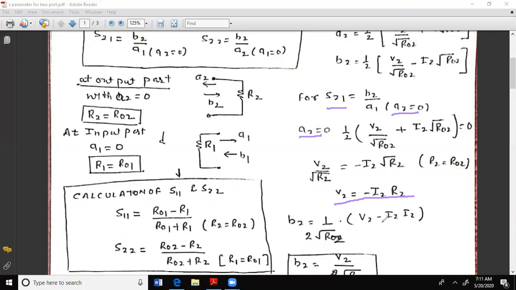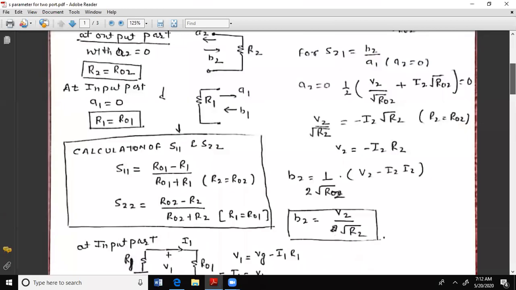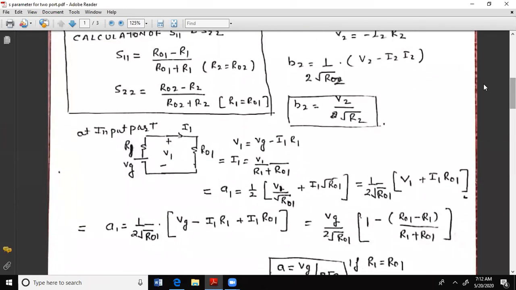Now this minus I2 R2 can be replaced by V2, so the value of B2 becomes V2 by root of R2. So this is the value of B2.